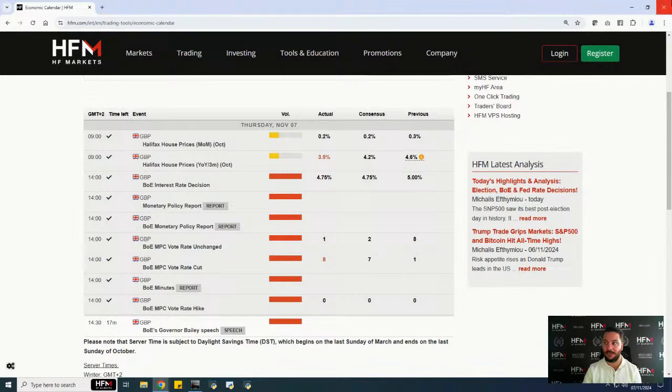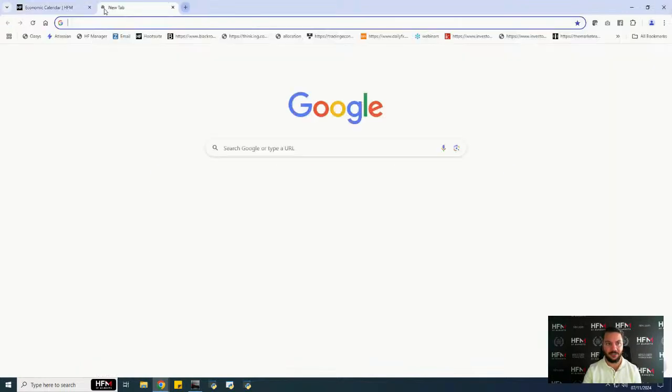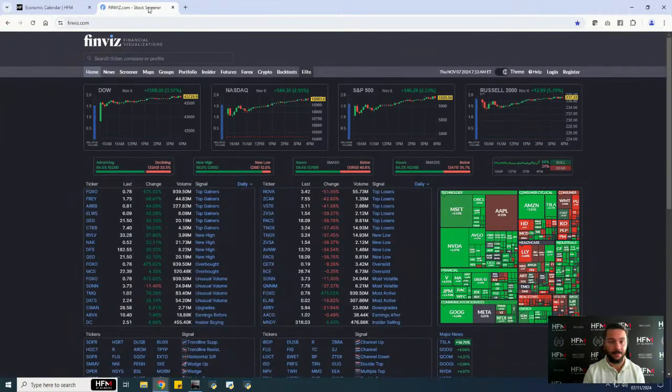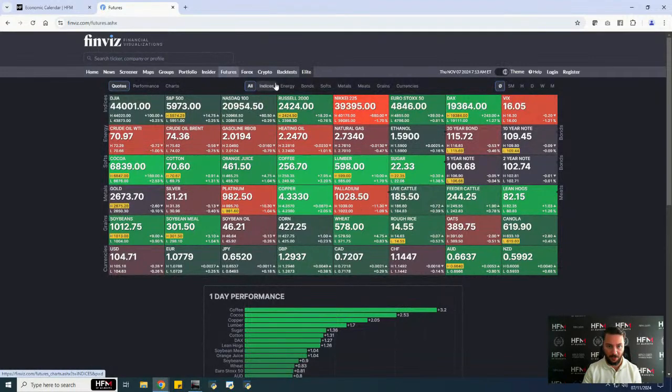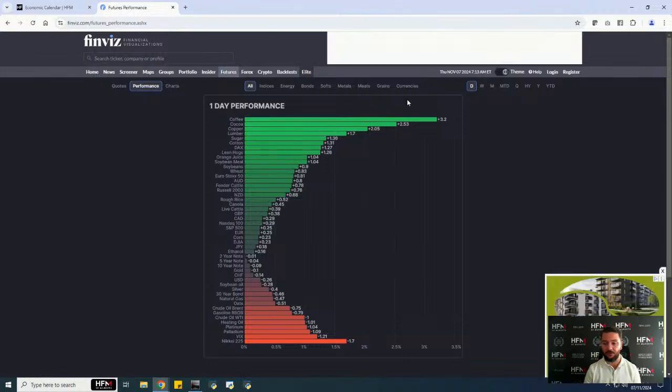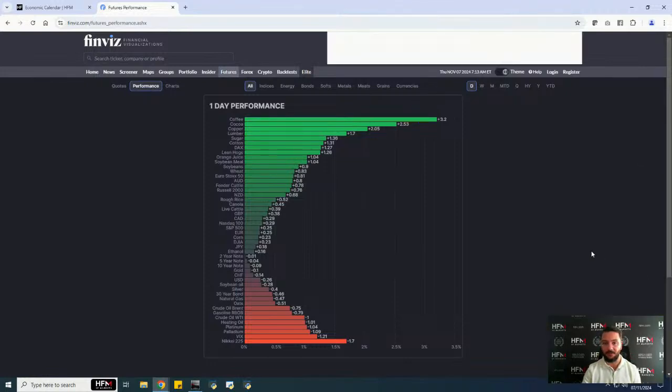But what I will say, ladies and gentlemen, is the British pound is actually one of the best performing currencies of the year. Why is it one of the best performing currencies of the year? Partially because the euro has been very poor, and always an alternative for the euro tends to be the British pound. In addition to this, they're one of the very few central banks that stayed hawkish throughout the year.